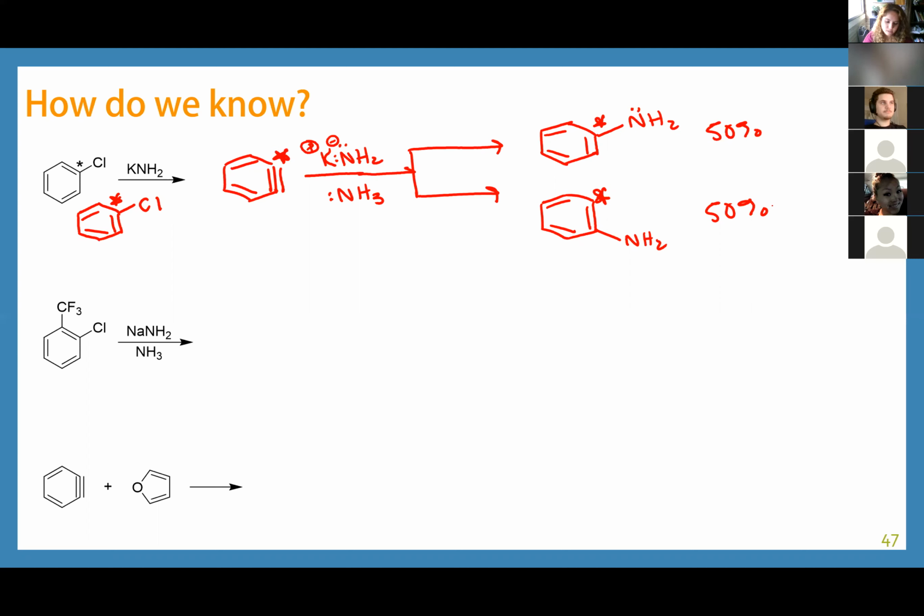So if you have something like this, CF3 is an electron withdrawing group. You see that a lot with nucleophilic aromatic substitution. What we would expect is that the chlorine would be directly replaced with the amine group. But when you do this reaction, the only product that you get is actually the meta product.